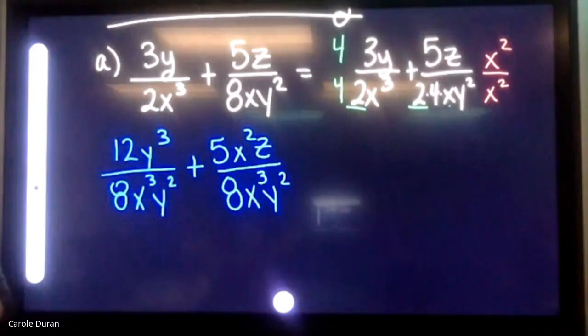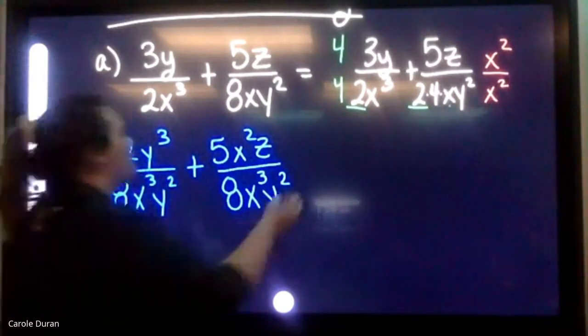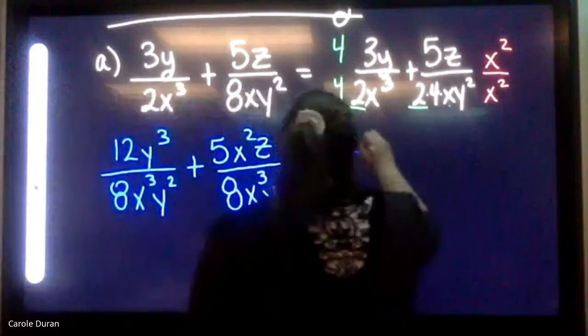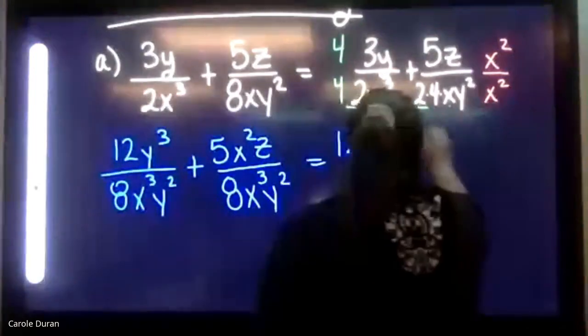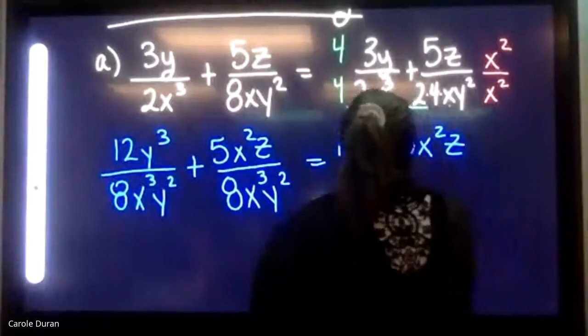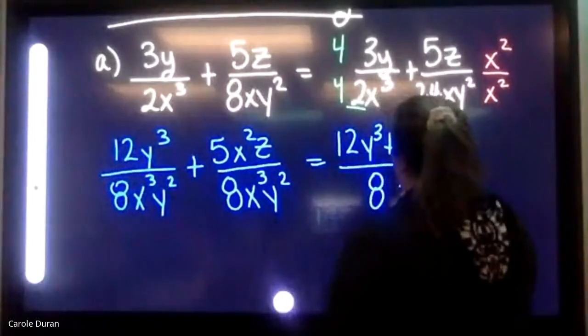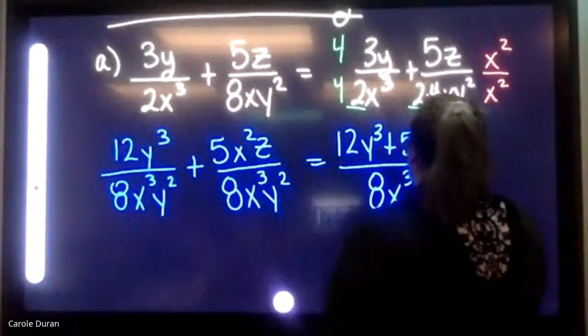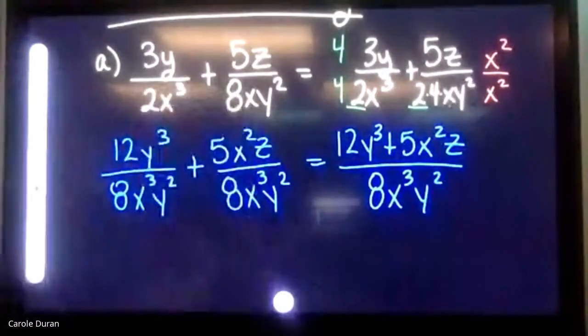Put the numerators together and write it as one singular fraction. So this becomes 12y cubed plus 5x squared z over my common denominator of 8x cubed y squared. There's nothing that simplifies, so that is my final answer.